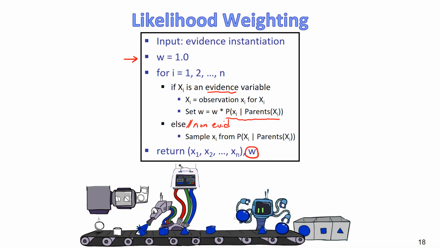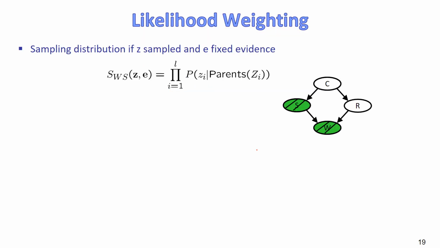Okay. Now, this is just a note about consistency. The sampling probability of the likelihood weighted sampling is just the probability from the non-observed variables, because these are the variables that we sample from. So these are the non-evidence variables.